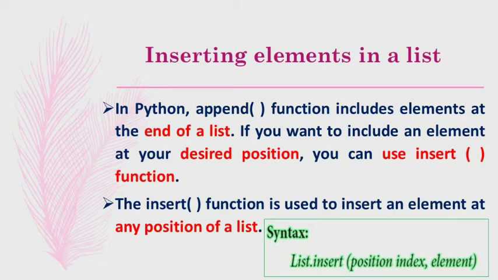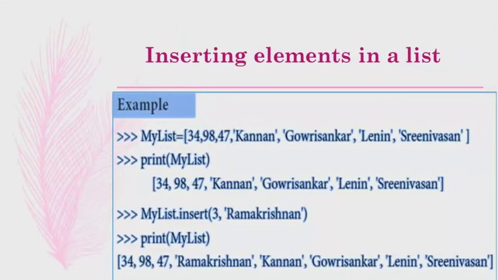See the syntax of the insert function: list.insert(position index, element). Here you have to specify the position also. See this example. Here my list is given: 34, 98, 47, Kannan, Gauri Shankar, Lenin, Srinivasan.